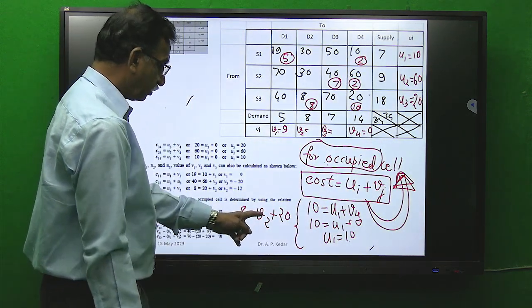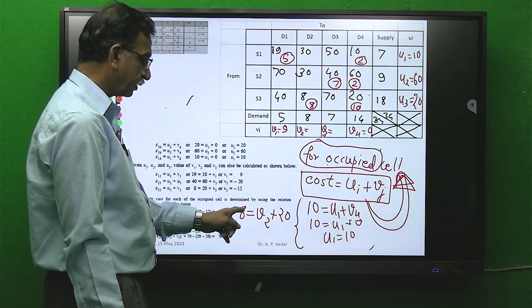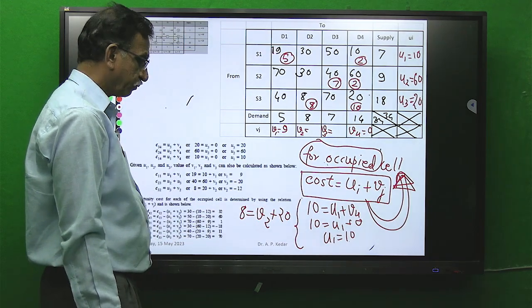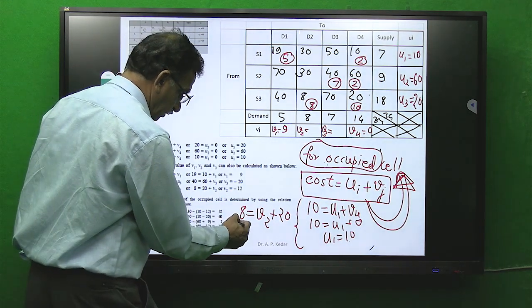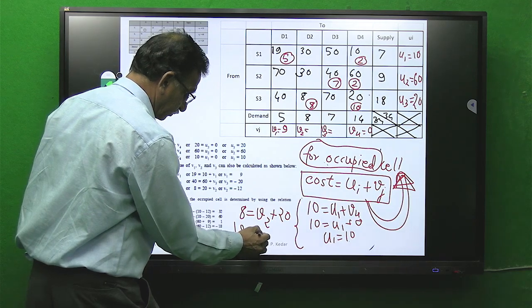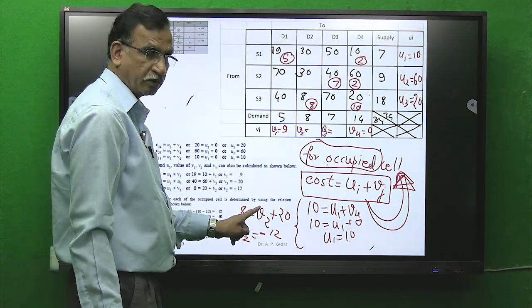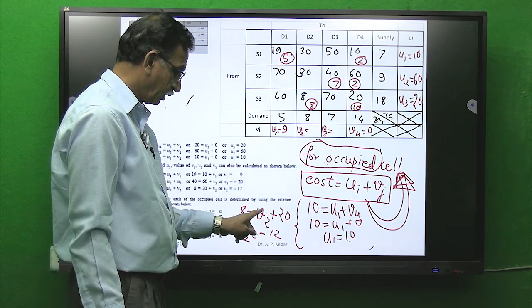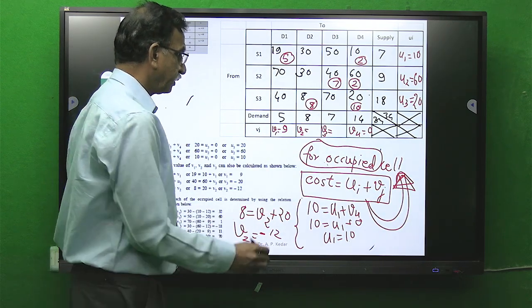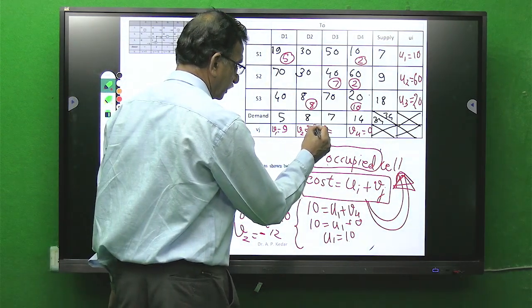So what is that value of v2 which will bring this to 8? So definitely v2 will be equal to minus 12. So minus 12 plus 20 will be 8. So here it is minus 12.